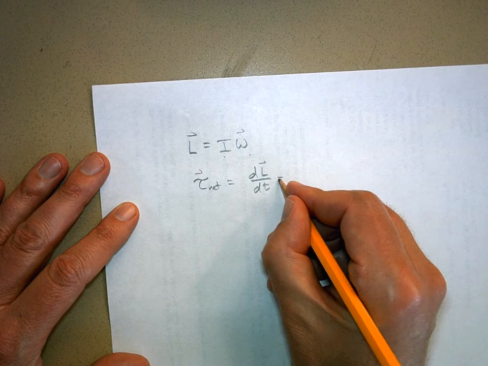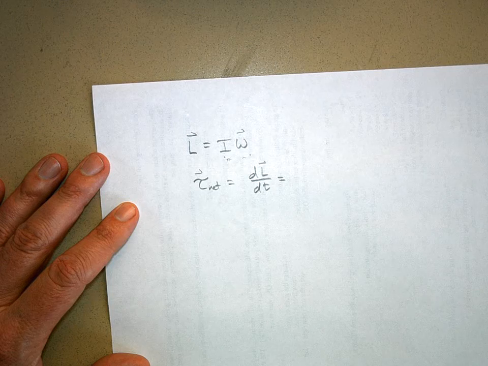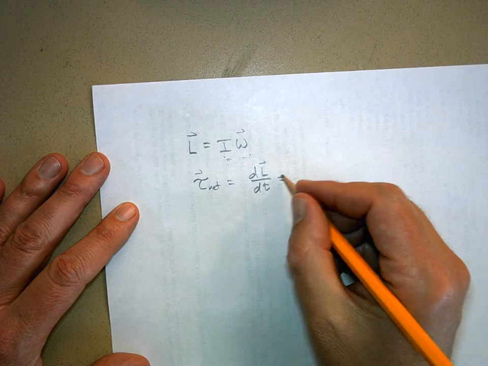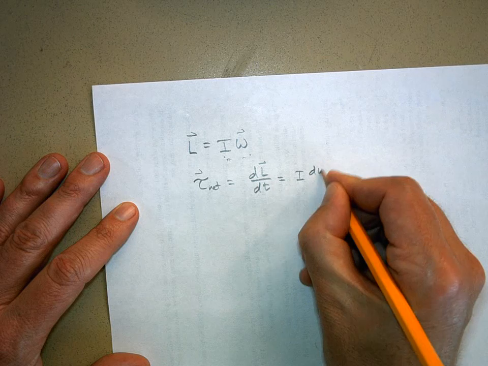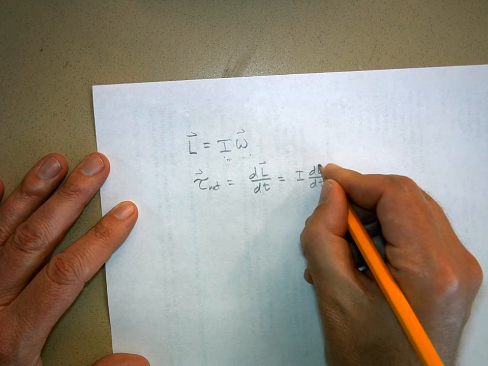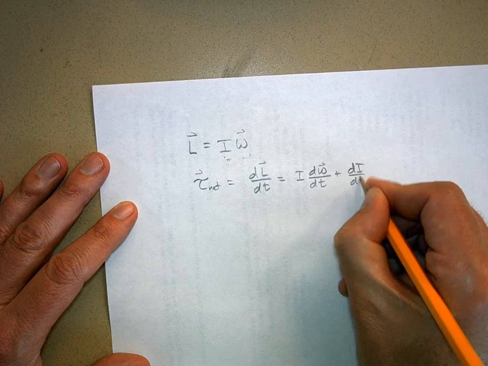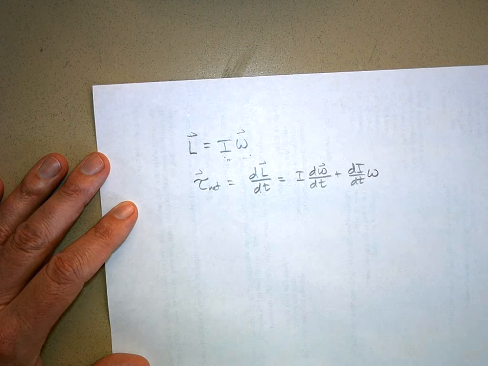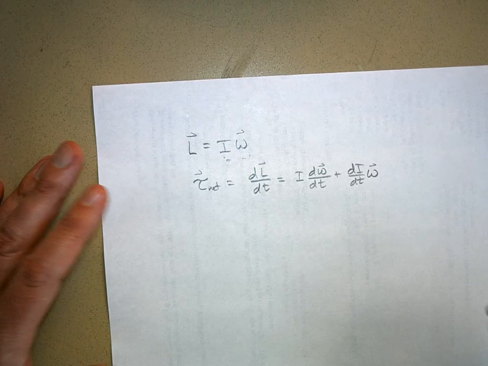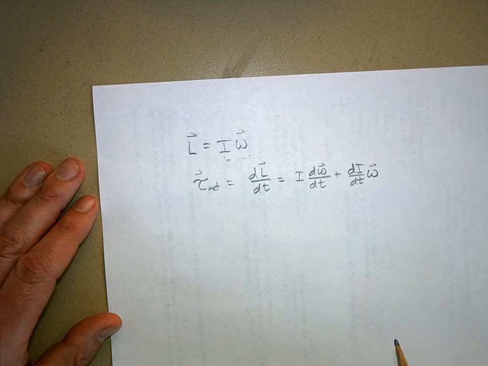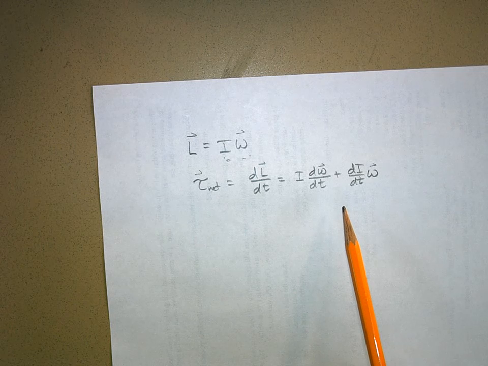Well, now if I apply that to this product right here, I get I d omega dt plus dI dt times omega. We just apply the product rule. Now, if you have a rigid body, what's true?